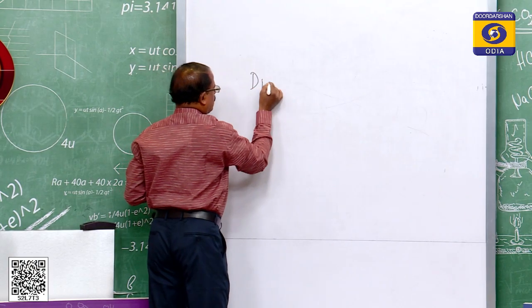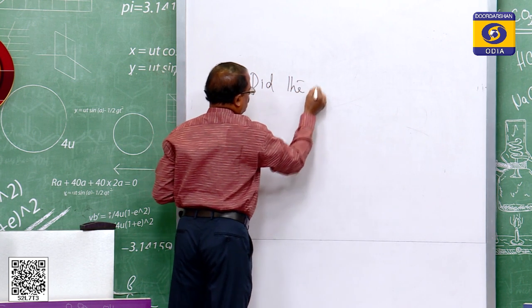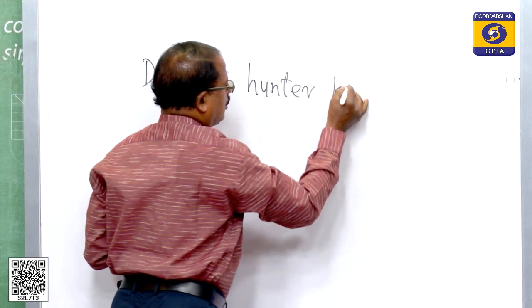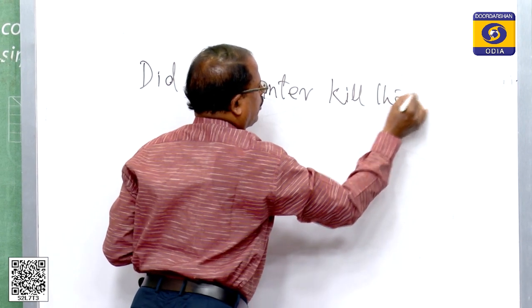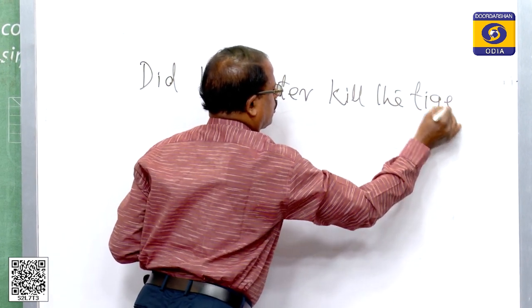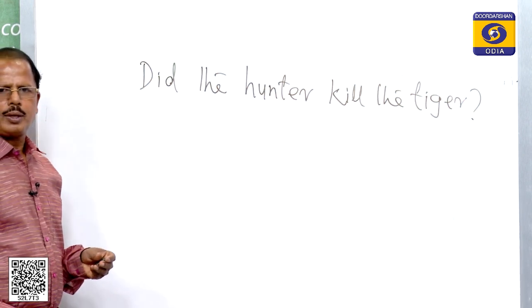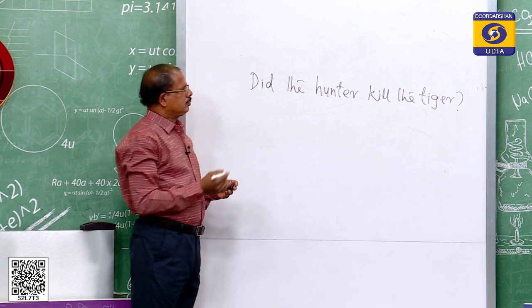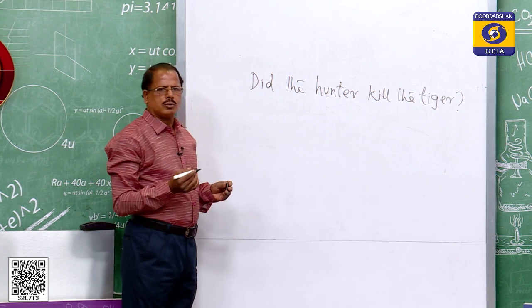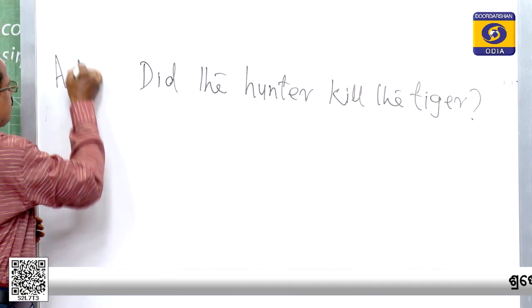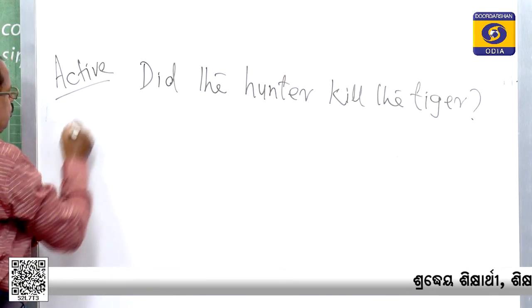Did the hunter kill the tiger? This is an interrogative sentence, right. And let us see how we can change this sentence into passive form. This is in active form, an active sentence. We will make it passive.